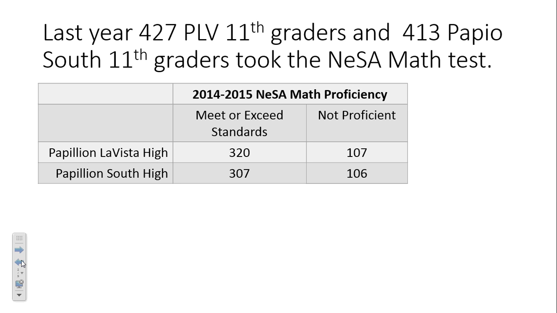Okay. And then sum them up vertically as well. Okay. Find out how many in both schools met or exceeded the standard test scores, and how many were not proficient in those scores. And this is for NeSA Math last year.